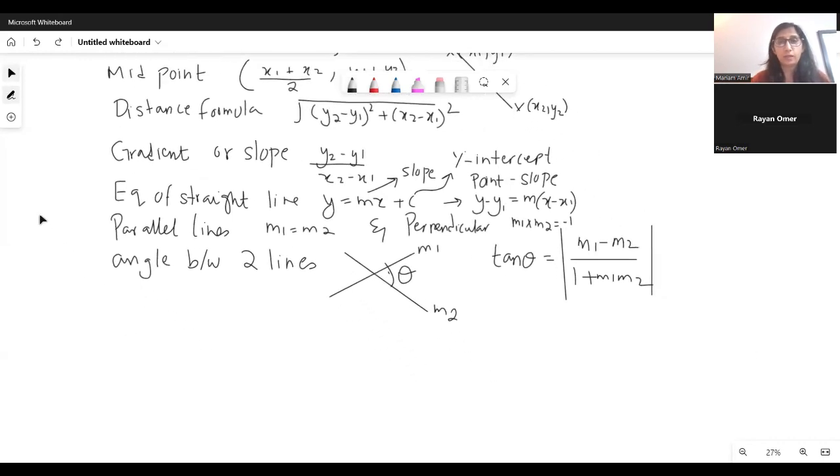And then another formula that you should know. It's not actually part of the syllabus, but it helps to know these formulas because it often simplifies pretty complicated questions.